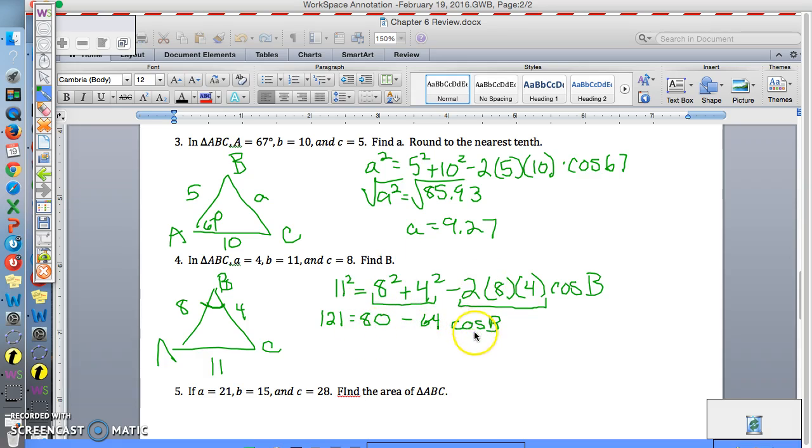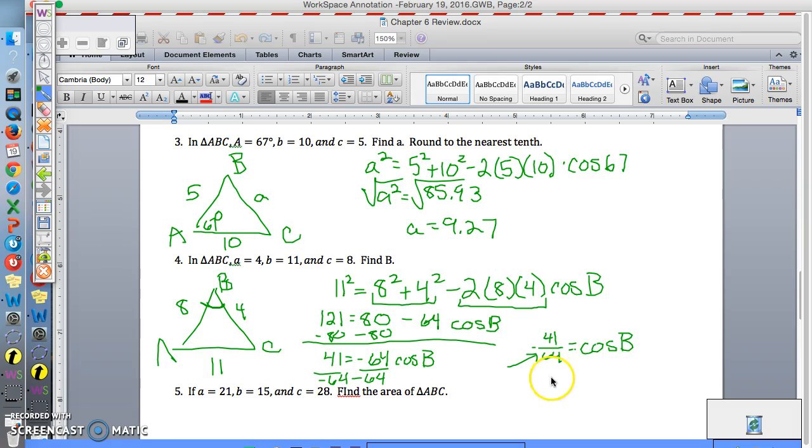We have to isolate 64 and the cosine of B. So if we subtract 80, we end up with 41 equals negative 64 times the cosine of B. Divide by negative 64. So we end up with 41 over negative 64 equals the cosine of B. And to find an angle, we take the inverse of that. And we end up with 129.84 degrees.